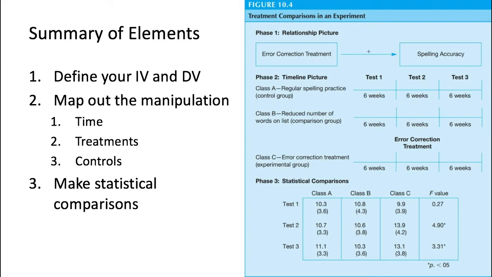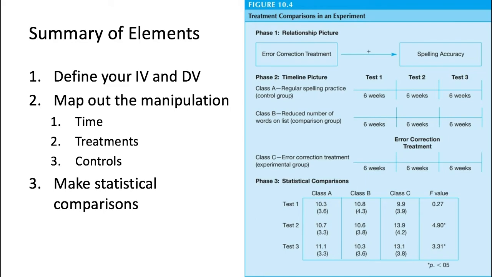Finally, you'll think about your controls. How am I going to make sure that other variables aren't getting in the way of me seeing what I want to see? And I don't mean that in the sense that I want to confirm my own hypotheses, but I want to see the effect that a manipulation, whether it's therapy, a discussion, or a drug, has on future behavior. And I want to compare that across different groups. And so I have to think about what are the potential things that might get in the way.